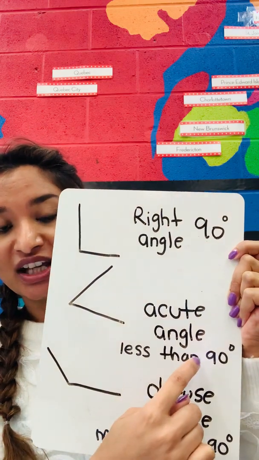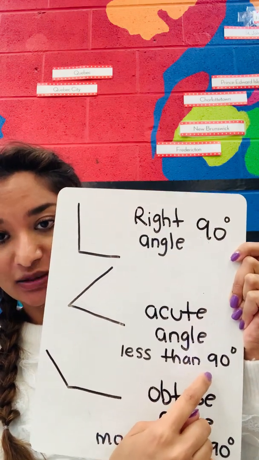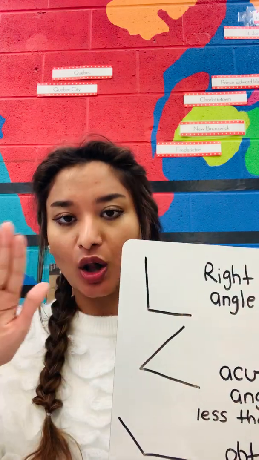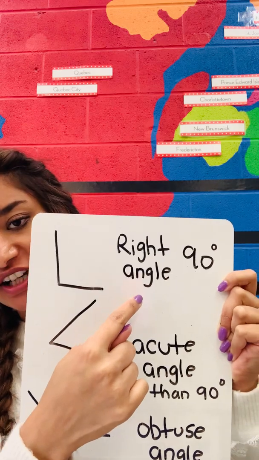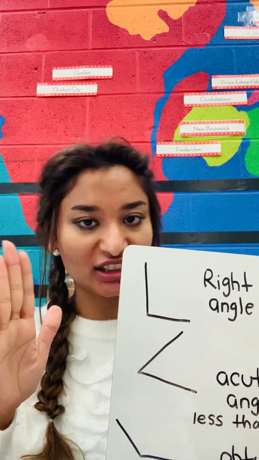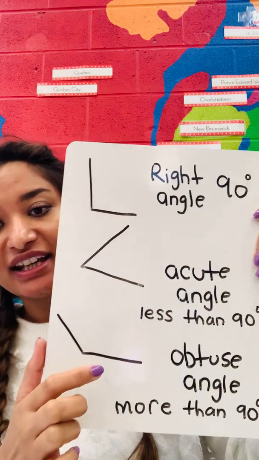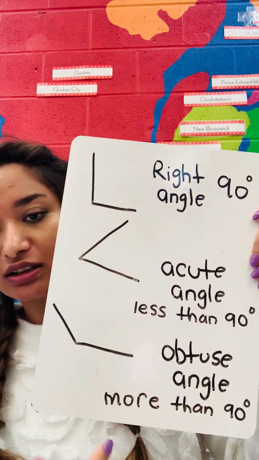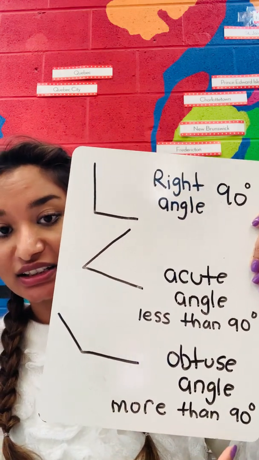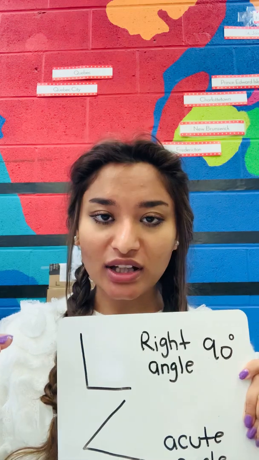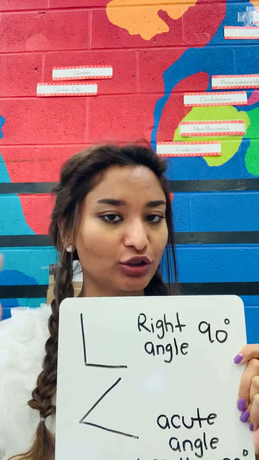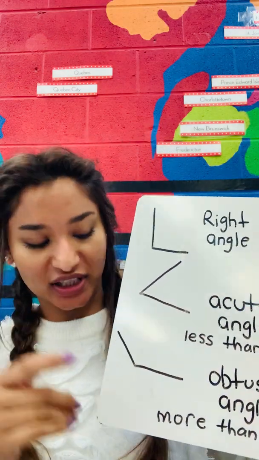An acute angle is less than 90, anything. So all the way from 1 to 89, always acute. A right angle can only be 90, it cannot be 91. Then an obtuse angle is more than 90. So any angle, 91, it is obtuse. 92, obtuse, all the way, okay?